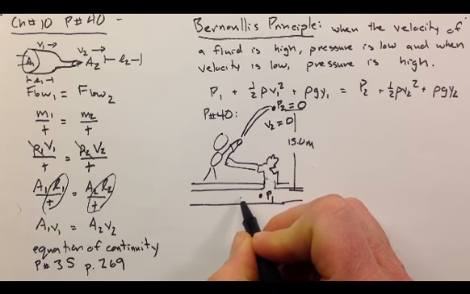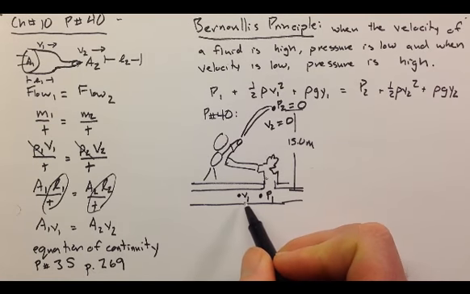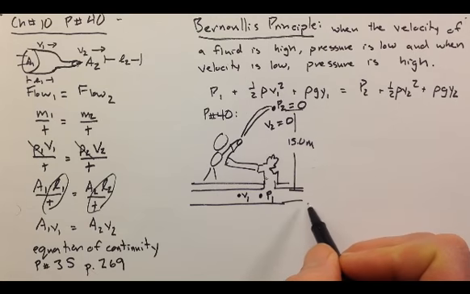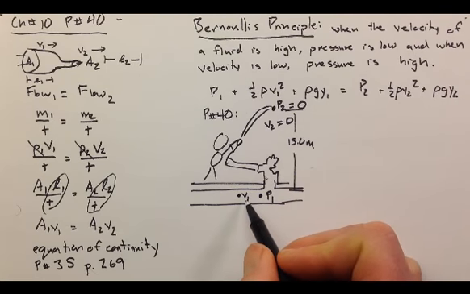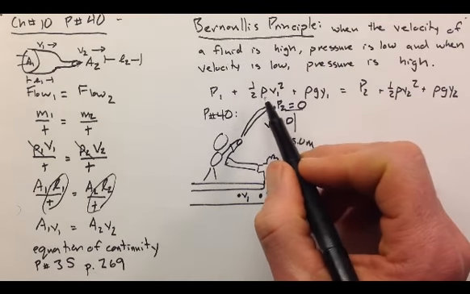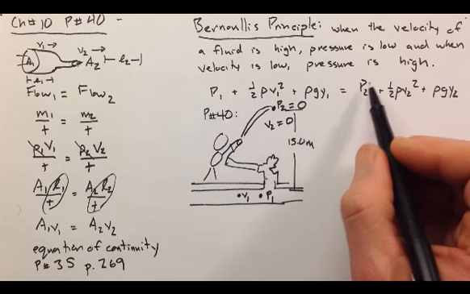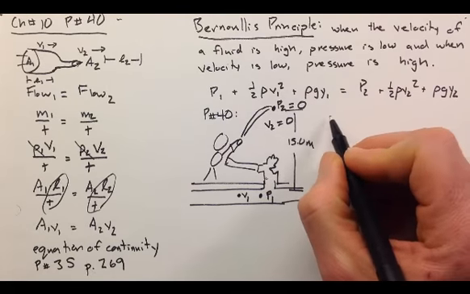Likewise, if this is a water main, we can assume that the velocity here is very close to 0, because this is a really big pipe, so it's not going to be traveling fast because it's really large. So really, our velocities, v1 and v2, are going to cancel out. P2 is going to be 0.